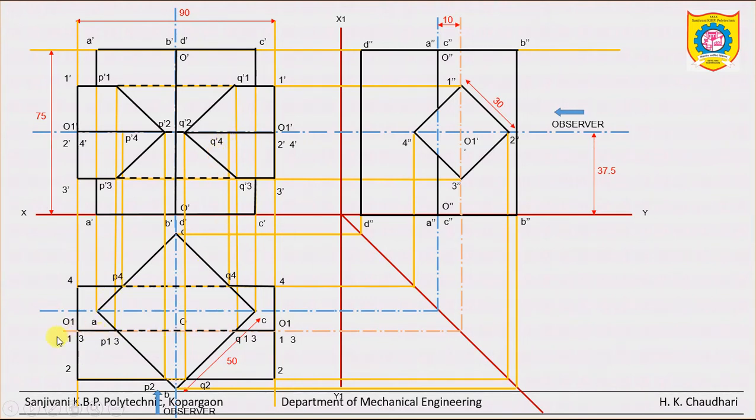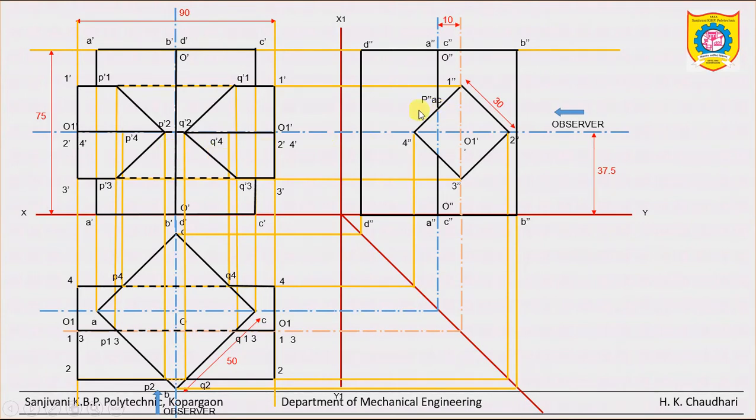See, the portion which is above this horizontal red center line is the back side of the intersection. So points P4 and Q4 will be on the back of this intersection. So all the lines joining P4 and Q4 will be hidden. Clear?